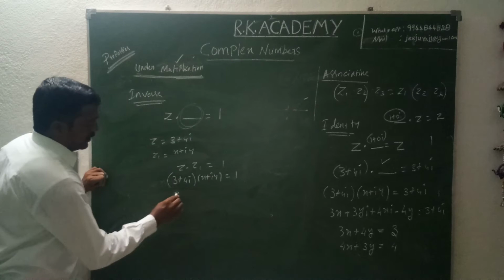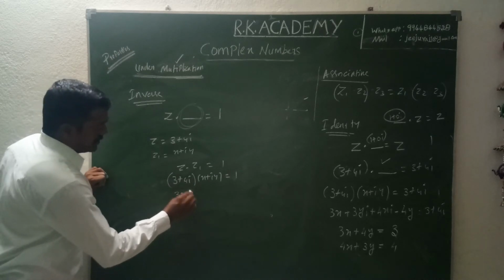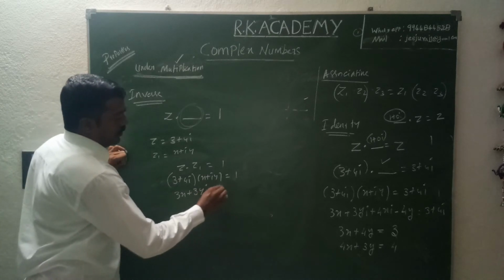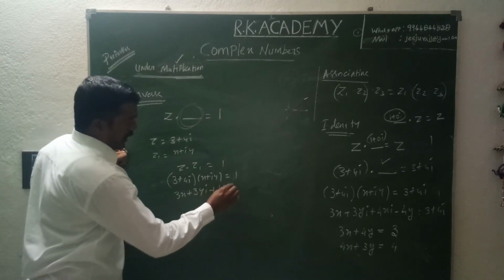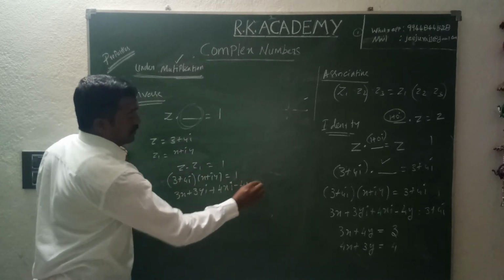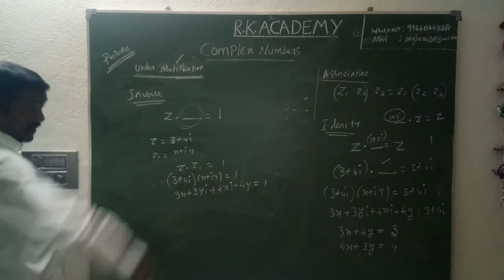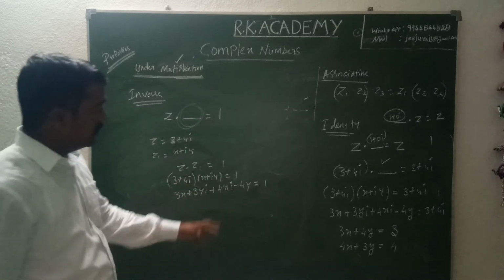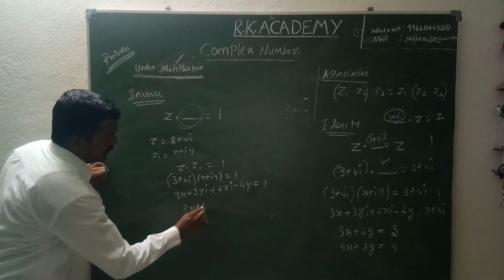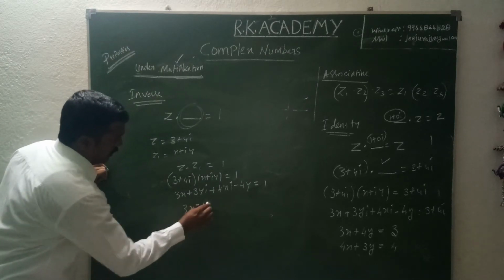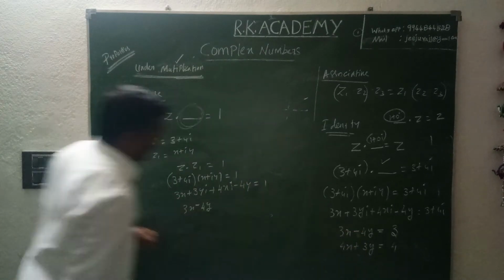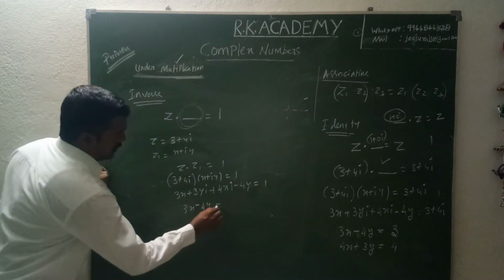Just multiply: 3x plus 3yi plus 4xi minus 4y equal to 1. The product must give 1. Now the real part is 3x minus 4y, which is equal to 1.